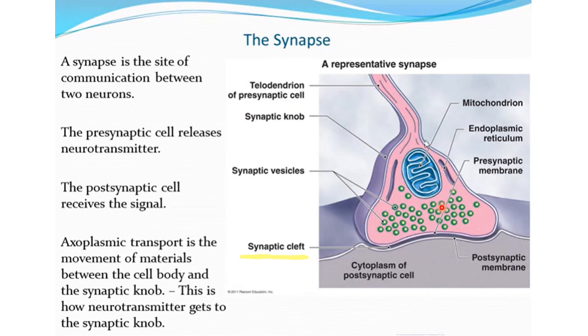It's an enzyme in the cytoplasm, and you have two substrates, acetyl-CoA and choline. The enzyme puts them together to make acetylcholine, and then how do you put it inside the vesicle?